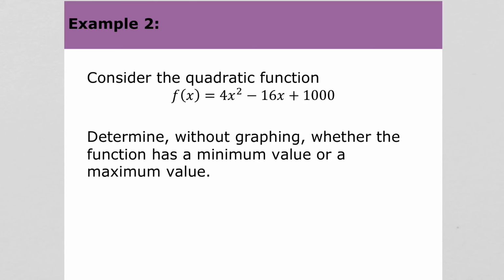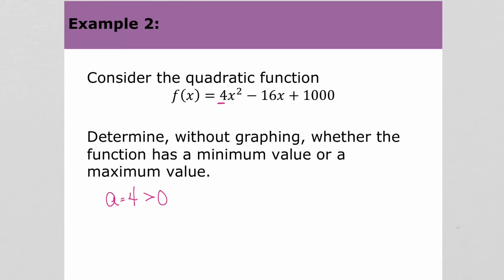For example 2, it says, consider the quadratic function 4x squared minus 16x plus 1,000. Determine without graphing whether the function has a minimum value or a maximum value. Okay, we can do that. We look at what is a. A is 4, and a, which is 4, is greater than 0.